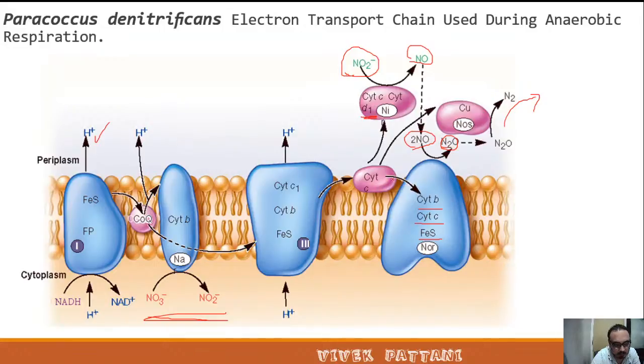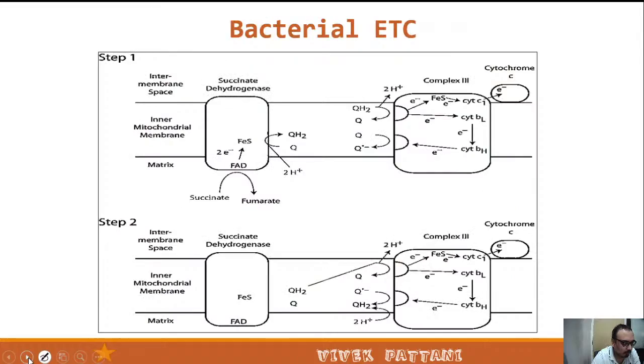This cytochrome c will further transfer electrons to cytochrome b, cytochrome c and the Fe-S complex. Now moving forward, this is a diagram which basically involves succinate and fumarate.